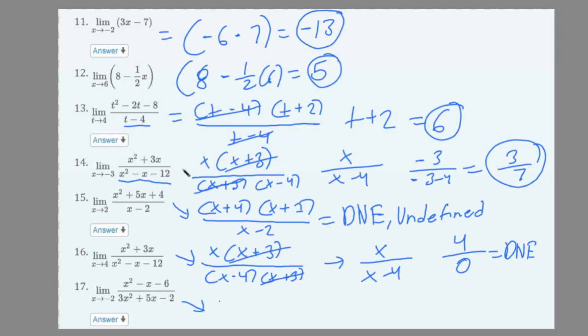Alright, and now number 17, the limit as x goes to -2. For this, it's a pretty long equation, so let's make it a little easier by factoring it out. On the top we can do x minus 3 and then x plus 2.